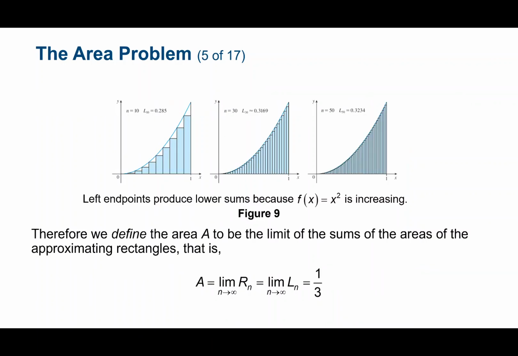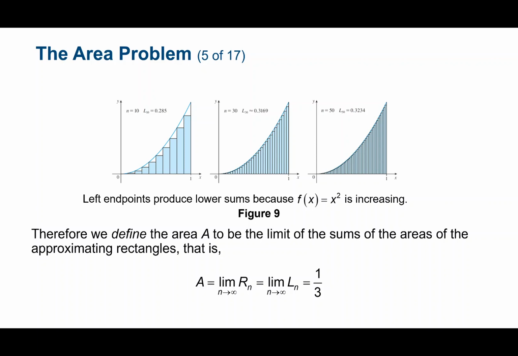We can see that the limit, as we take more and more rectangles with their right endpoint on the curve, or you could think about coming from the other direction, the limit as we use more and more rectangles with their left endpoint on the curve, is going to be 1/3, 0.3 repeating, 1/3.